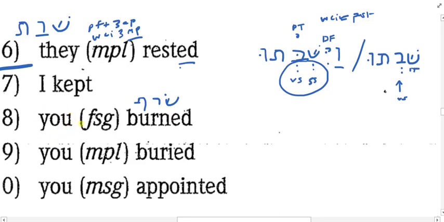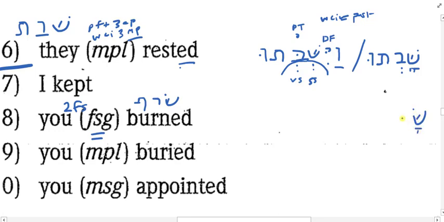Now, if the you is the subject and it's a feminine singular you, which person gender number is that? Yes, 2FS. So what I need to do is create a form in the perfect first that has the 2FS. So let's do that.